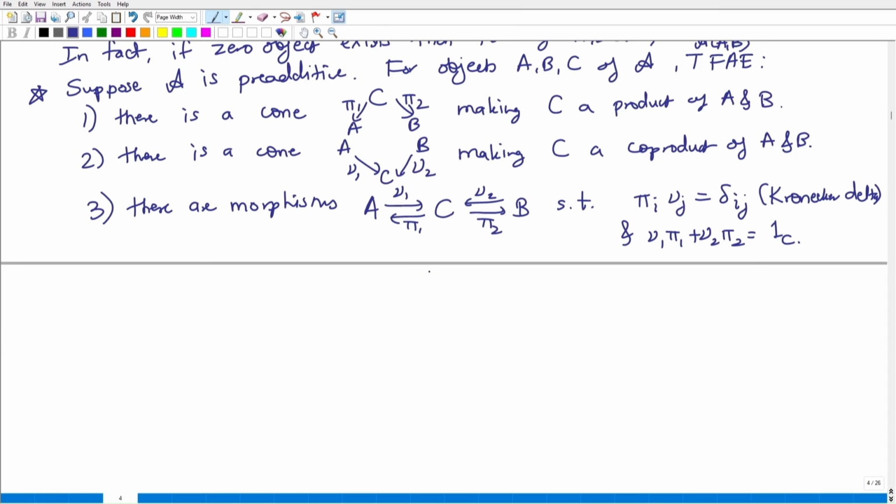And when you start from C and do both circles, now you have got two different maps. Those two maps, you simply take the sum of them. You can do that because Hom(C, C) is an Abelian group. So you take the sum, you will get back identity. This is what we are trying to say here. And these three conditions are equivalent.